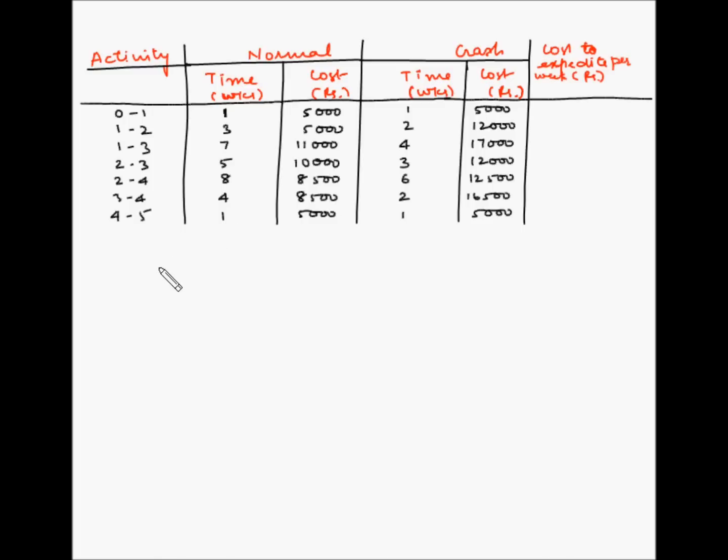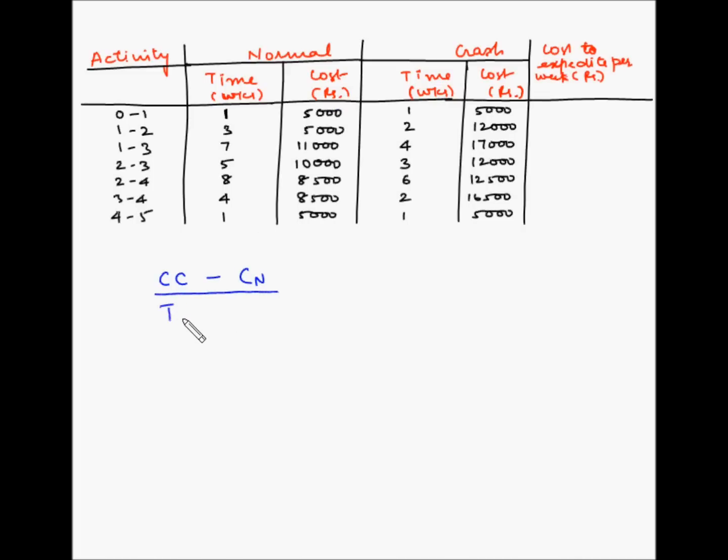So the formula for cost to expedite is CC, which is crash cost, minus CN, which is the normal cost, divided by TN, which is the normal time, minus the crash time, which is TC. So basically we are finding out the increase in the crash cost as compared to the normal cost.